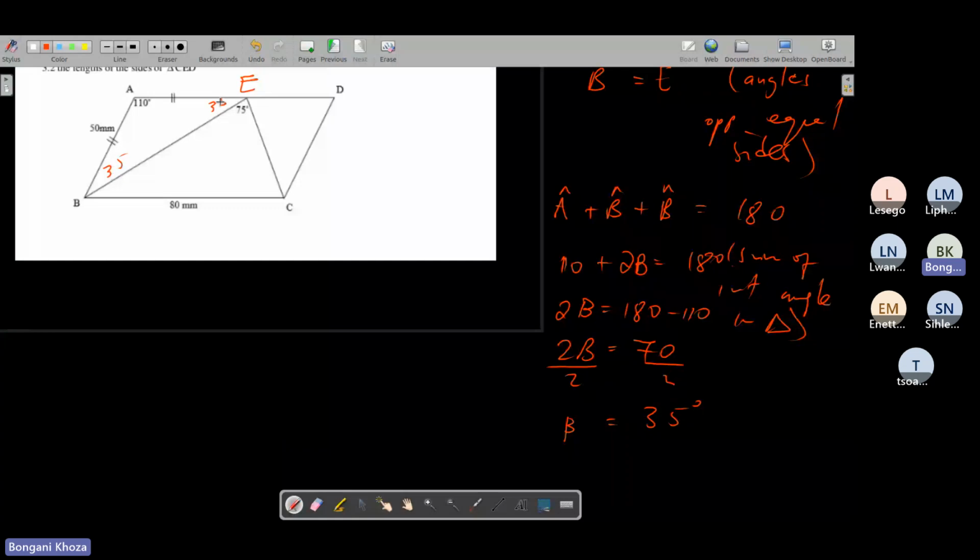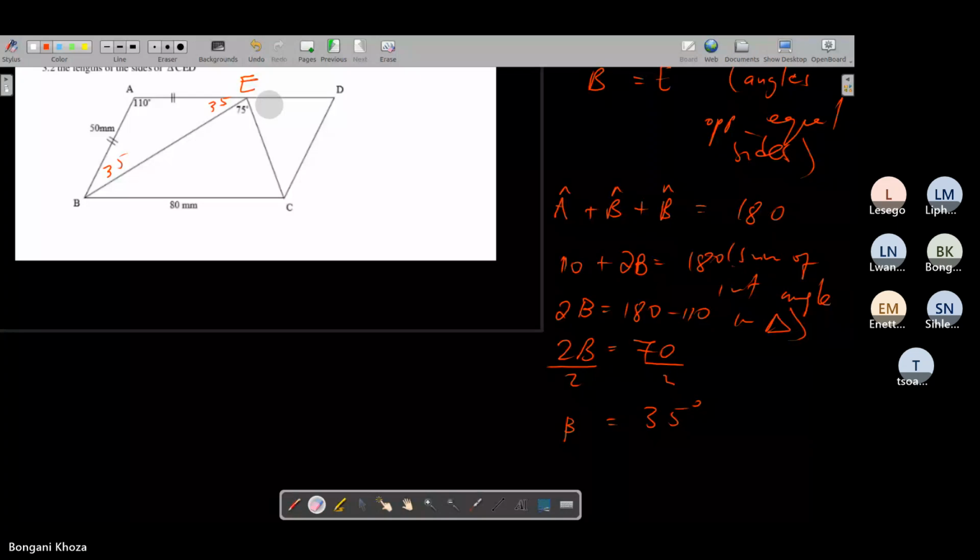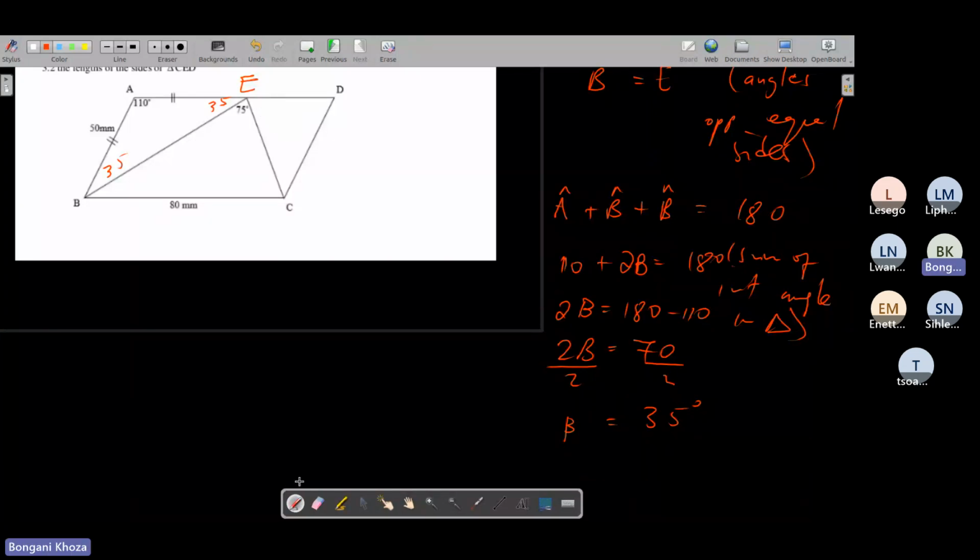This is also 35. So we are looking for this guy. So for this line over here, we can call this one X, it's fine. And say if I add X plus 75 plus 35, I'm supposed to get 180. The reason for that, these are angles on a straight line.